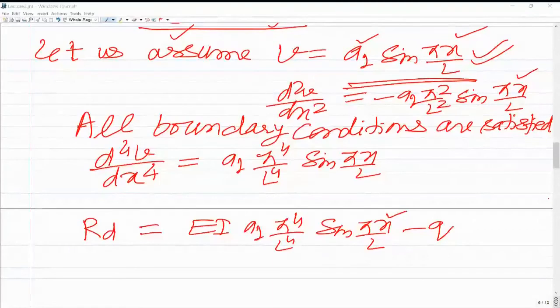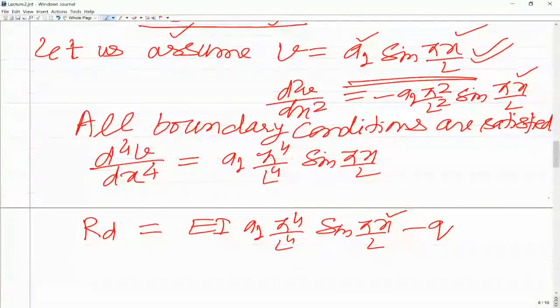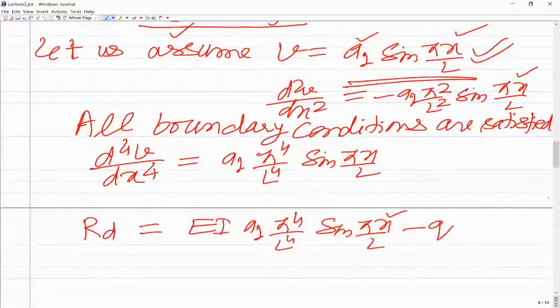Minimize the value of sin x, that is 0. Yeah, please say again, I think your voice was not clear. We can make sine pi x by l 0.